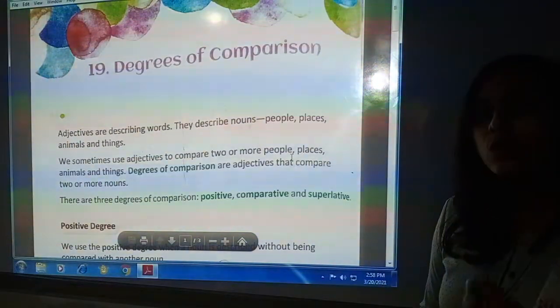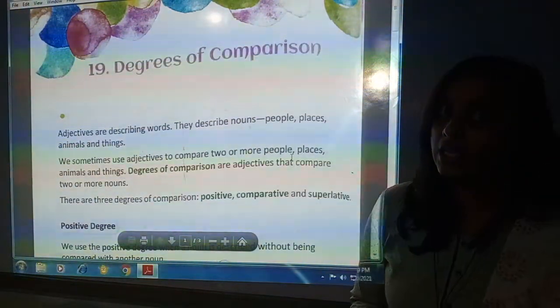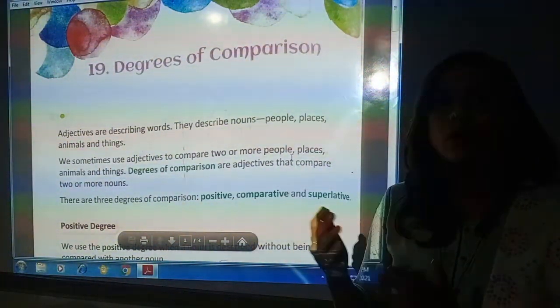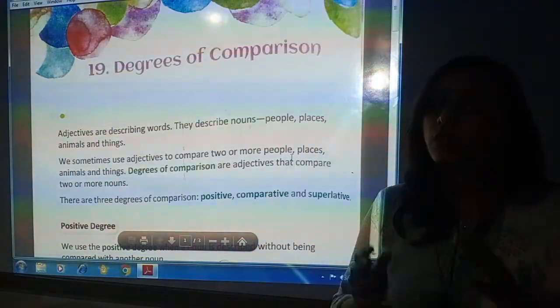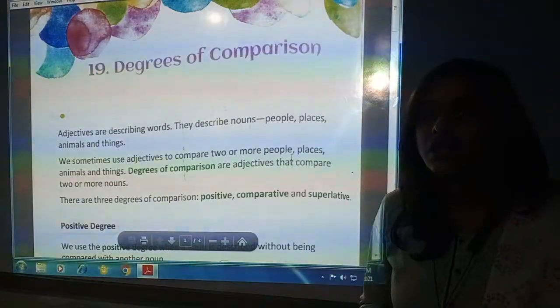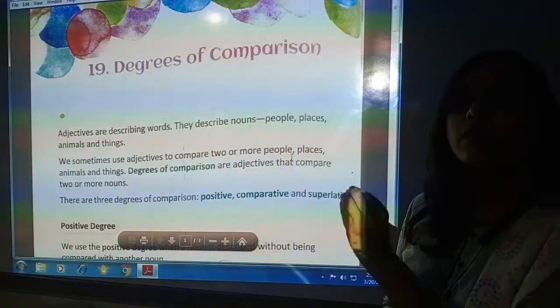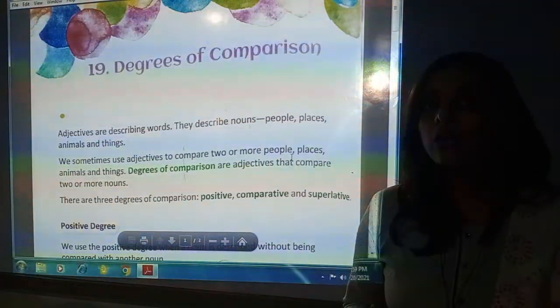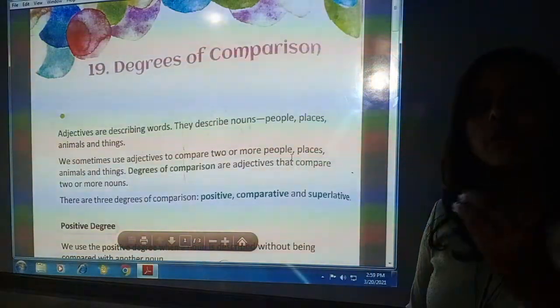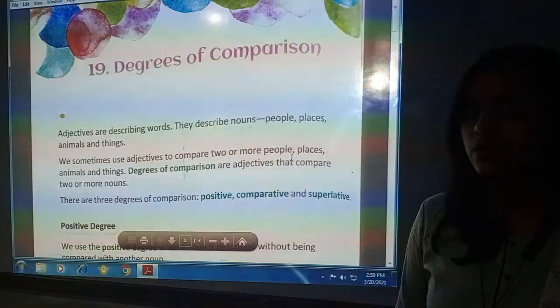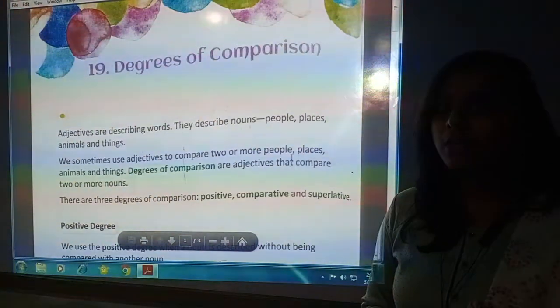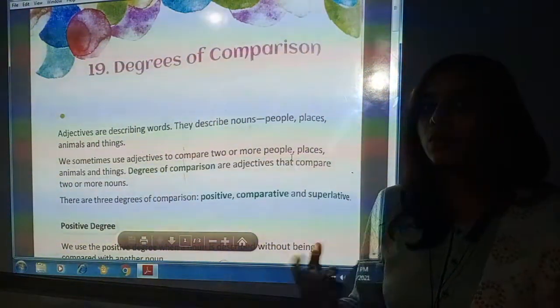Clear? So first thing, adjective is the describing word of noun, and when adjective is used for comparison, that is called degree of comparison of 2 or more nouns, because comparison can be done in 2 or more, not less than 2.